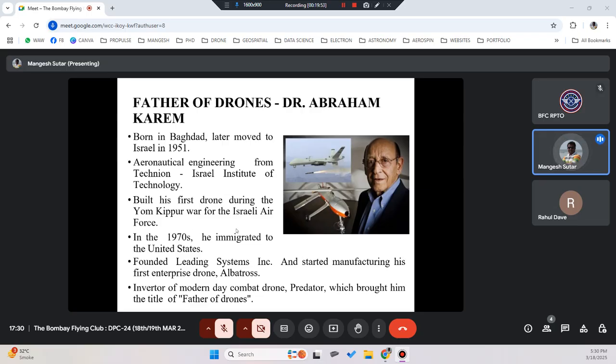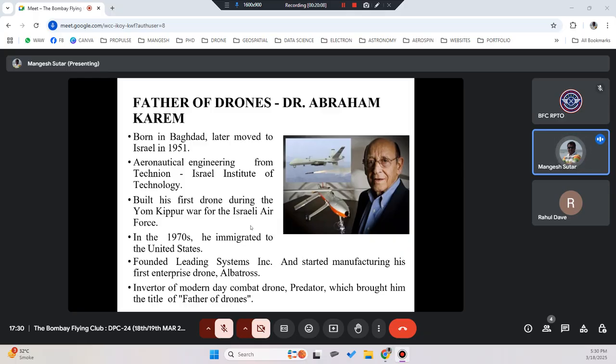In 1970, he immigrated to the United States. That means he left Israel and moved to the United States, where he founded Leading Systems and started manufacturing his first enterprise drone, Albatross.